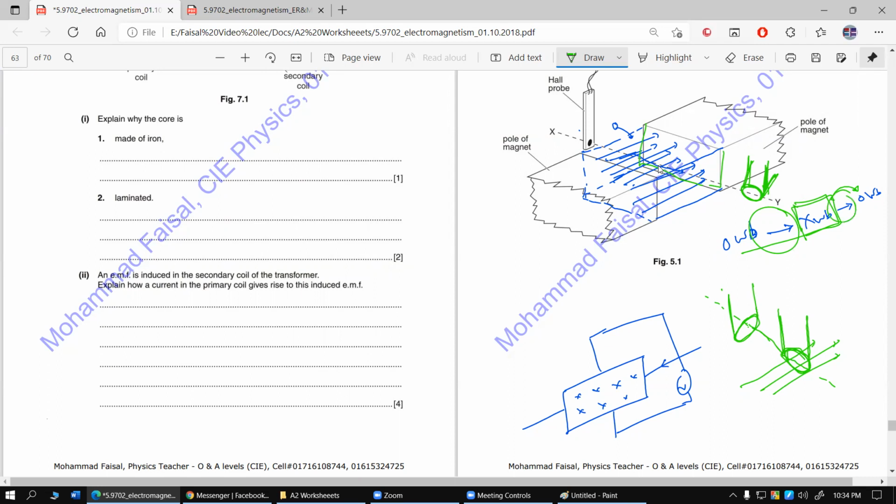When the leaving will happen, at that point we'll have another spike of EMF. But these two spikes should be in opposite direction. কারণ এক সময় আমাদের এই ফ্লাক্স লিংকেজ বাড়ছে, আরেকটা সময় আমাদের ফ্লাক্স লিংকেজ কমে গেছে। দেখো বোঝা যায় কিনা? বুঝা যায়?